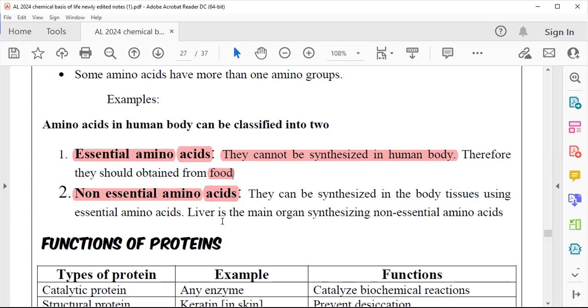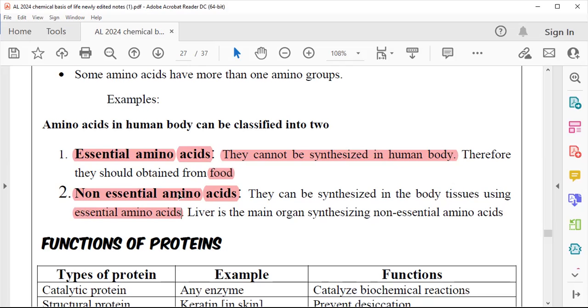Non-essential amino acids can be synthesized using whom? Using essential amino acids. If you don't take in essential amino acids, you will be losing both essential and non-essential amino acids, because to make the non-essential amino acids, who are the ingredients?